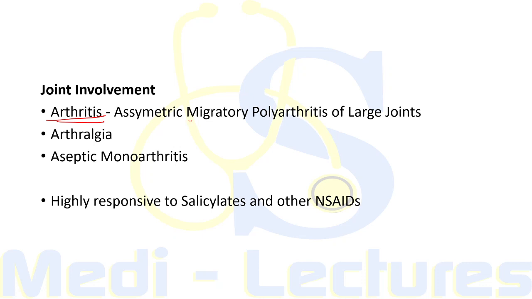So migratory means moving from one joint to other over a period of hours. Polyarthritis means it will involve more than one joint, and these will be typically the large joints. Now the joints which are usually affected include knee joint, elbow joint, hip joint and ankle joint. So it is asymmetric migratory polyarthritis of large joints.